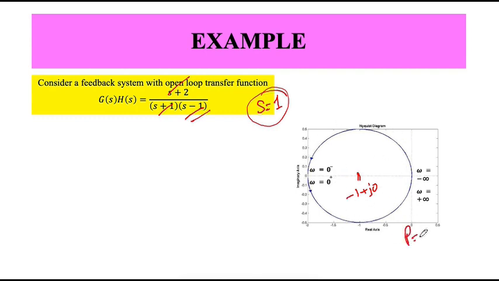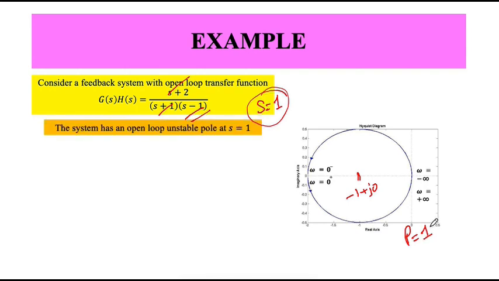So p is equal to 1, because my system has an open loop pole at s equals 1, so it is open loop unstable. Since it is encircling in the counterclockwise direction, n is equal to p, and p is equal to 1, so n is equal to 1. Therefore the closed loop system is stable.